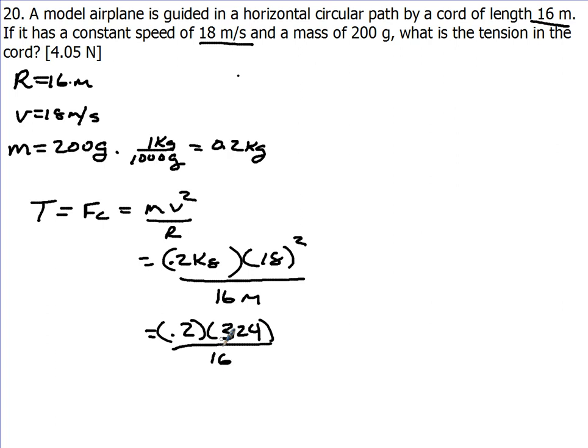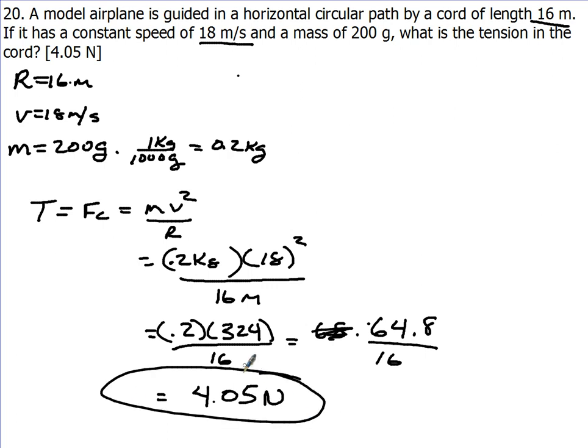Okay, so 324 times 0.2 is 68.4. How about 64.8? I'm not reading my calculator now. Divided by 16, 64.8 divided by 16 gives me 4.05 newtons. Yay, perfect.